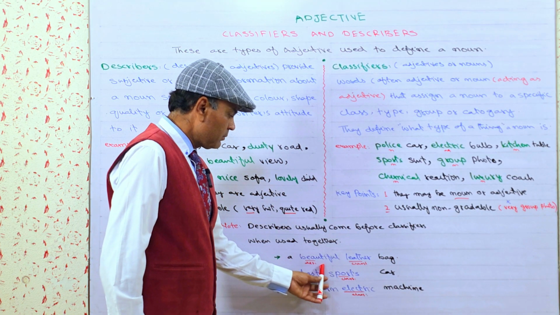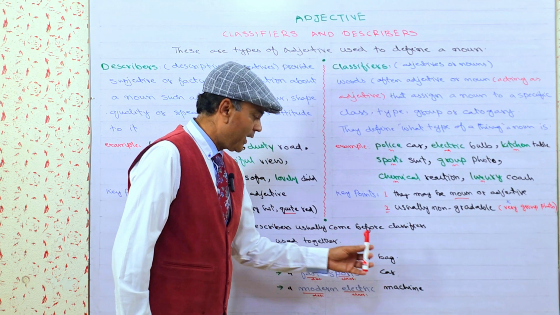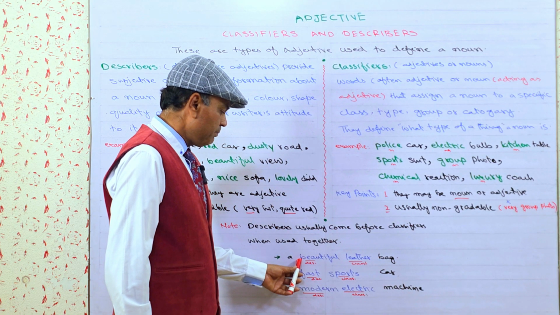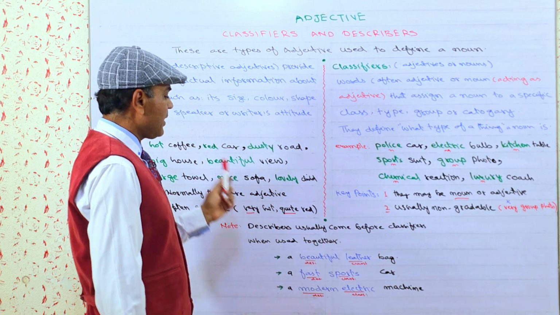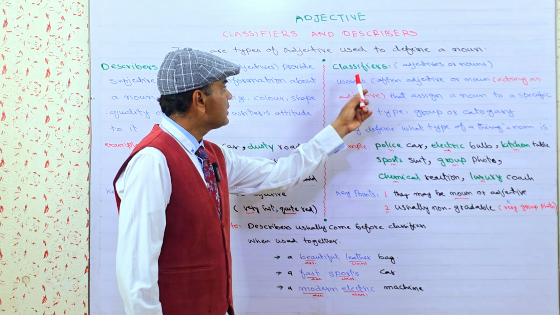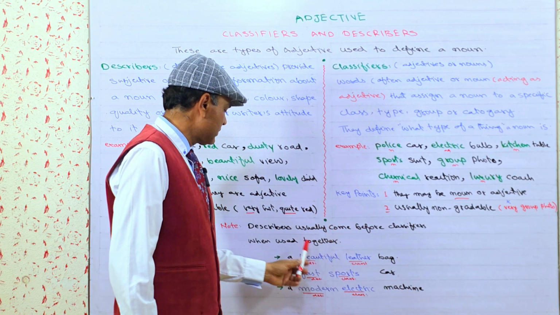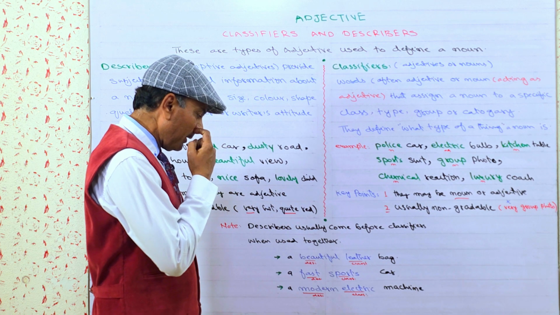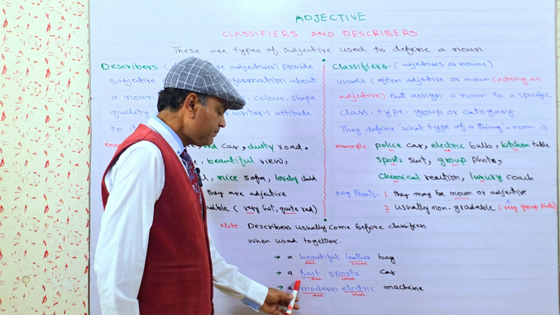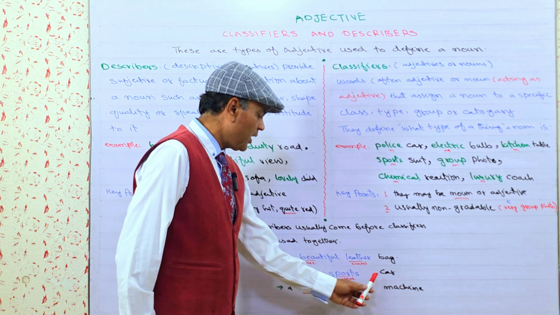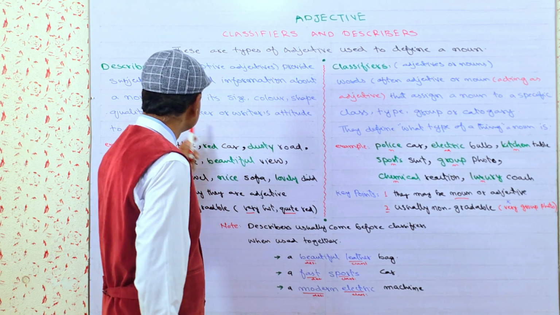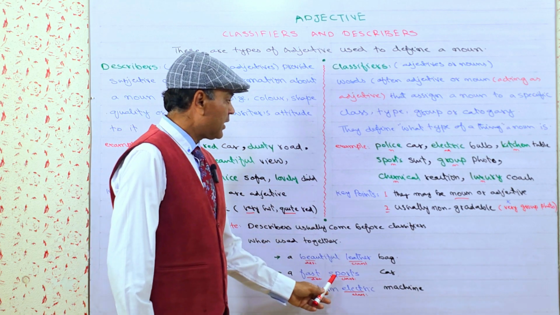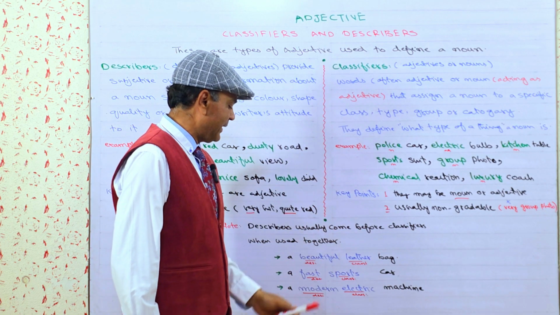A beautiful leather bag. Here, beautiful is a describer and leather is a classifier. So first describer and then classifier. A fast sports car. Fast, describer, and sports is a classifier.